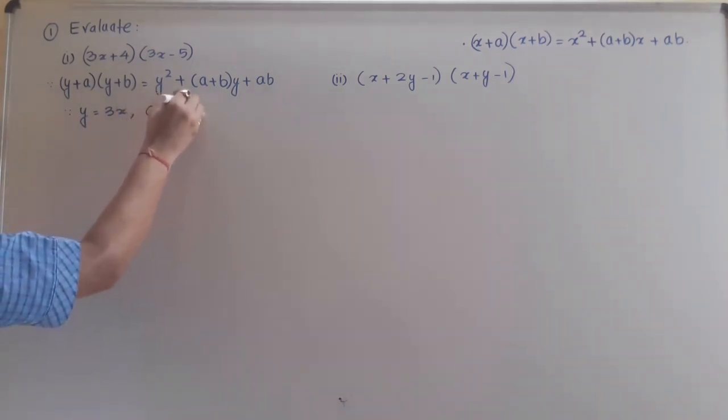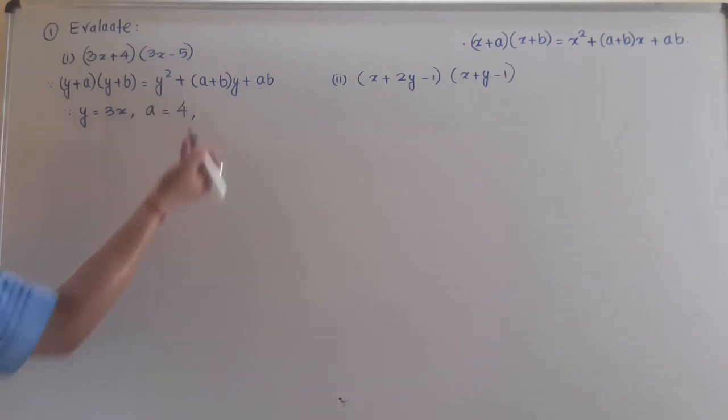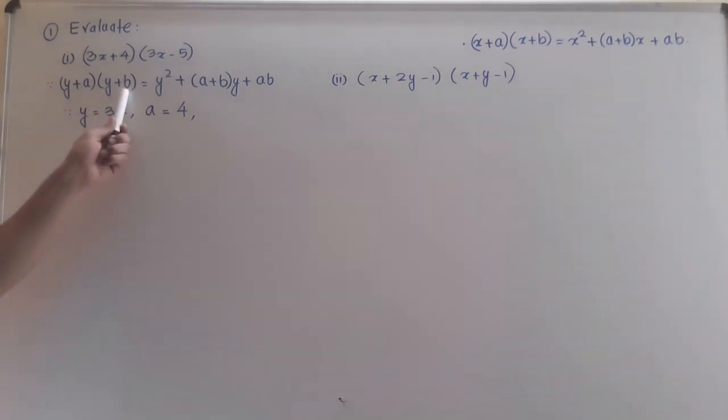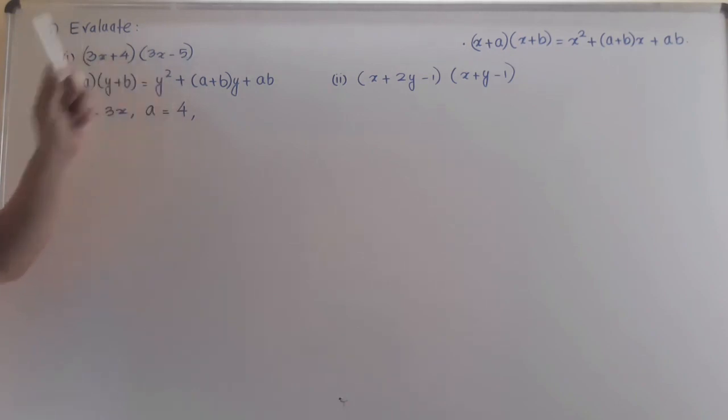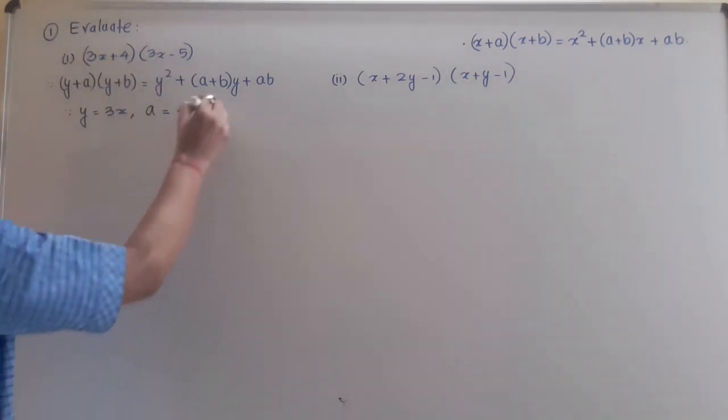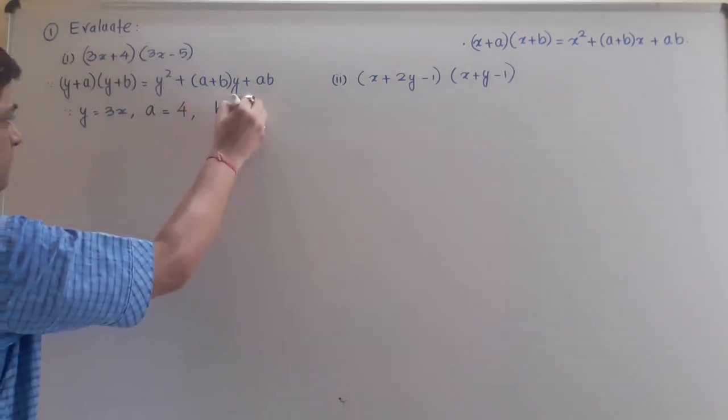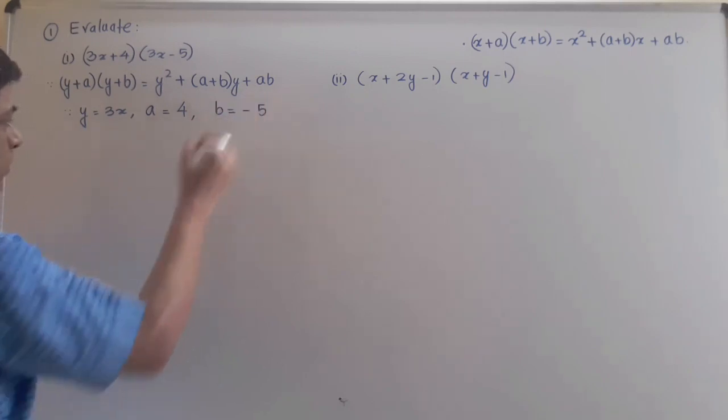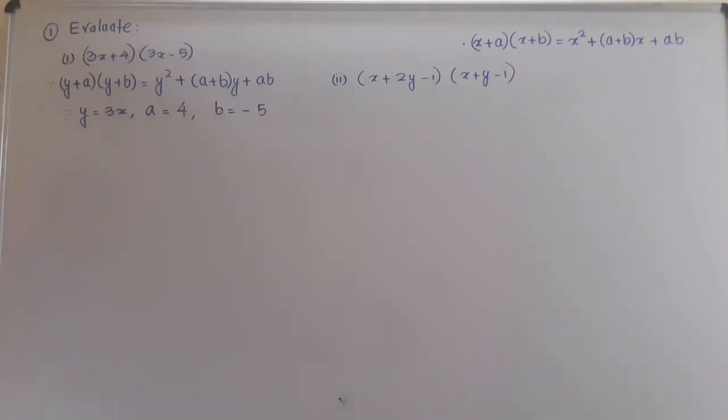If the sign is negative, then mention it. If it is positive, no need, we can assume it is positive. And similarly, this is the second term of the second bracket, b. So b, if I compare with this term, then I can say that the value of b is given here as minus 5. Okay, so now let us put all these values in the formula to calculate the value of the given question.